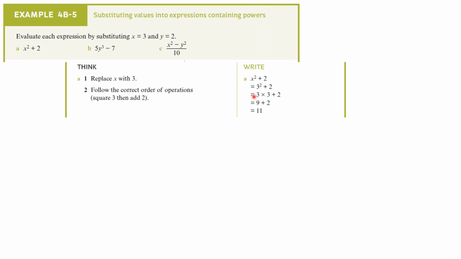Or if you want to skip this step, you can go from here straight to here. That is fine, so long as you simplify correctly. So 3 squared is 9. 9 plus the 2 is 11.